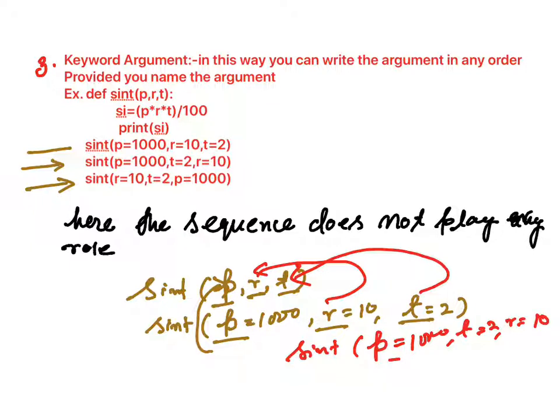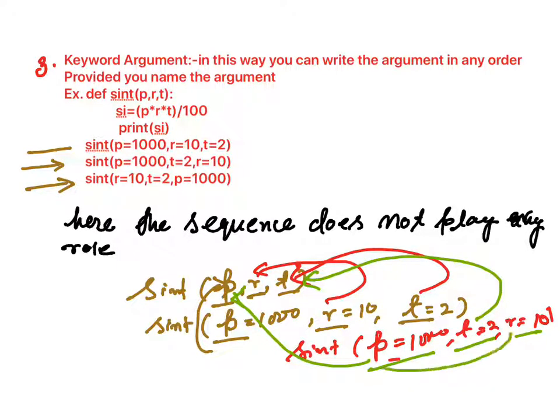Now in this way, once again you can see that there is no sequence. I have not followed any sequence, but I have given the names P, T and R. Now the P will be received by P, this T will be received by T, and this R will be received by R. I think it should be very clear that when you are giving keyword arguments, you are giving the name to each and every variable, and when you are passing the values you are naming the same things, and then you can place them in any sequence.